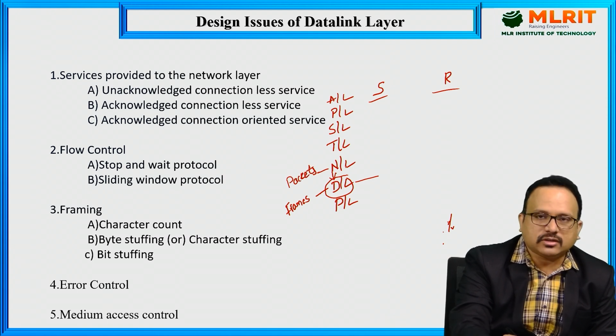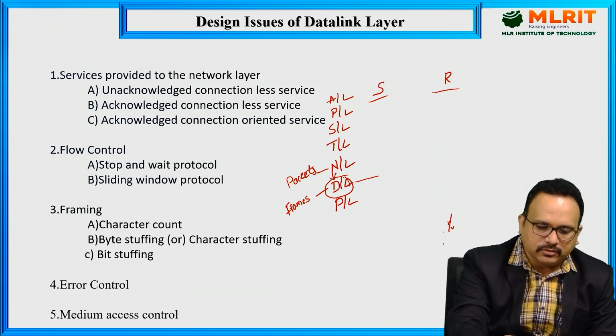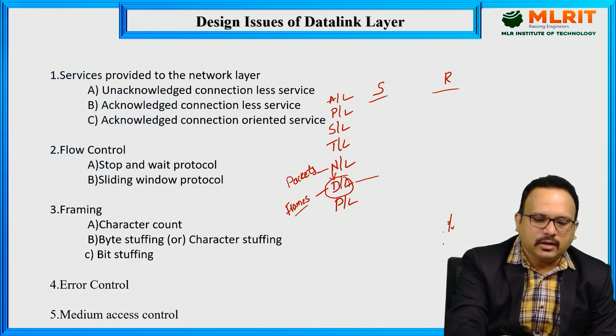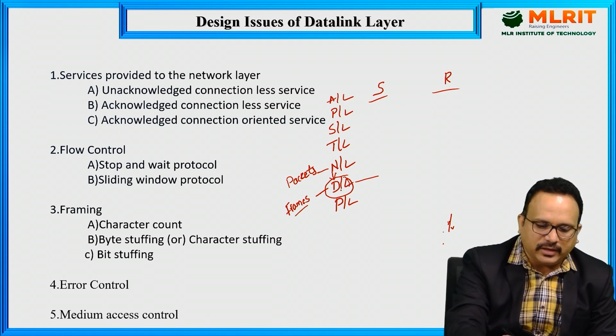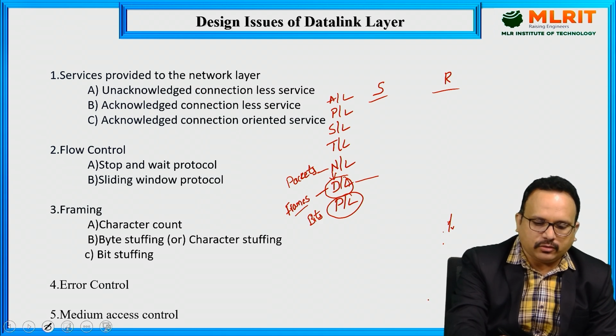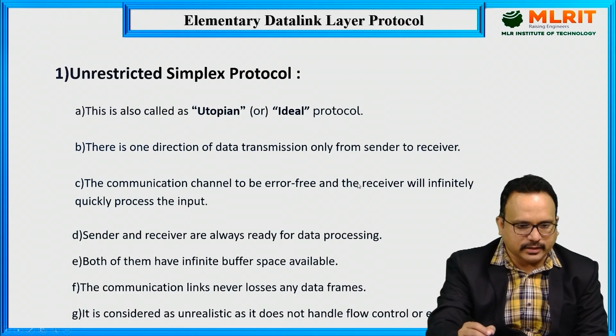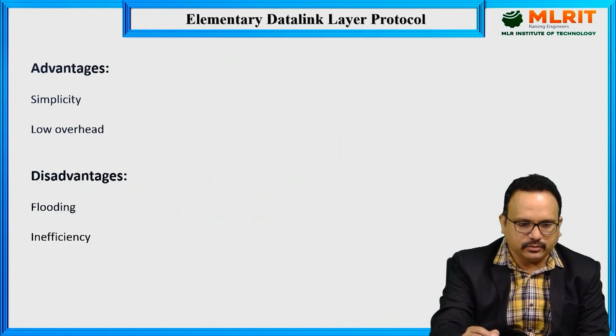The data which is coming from the network layer in the form of packets will be converted into frames in this particular data link layer. And these frames will be converted into bits in this particular physical layer. Right? So now we are going to discuss clearly about the data link layer. What is the use of this particular data link layer? Each and everything we are going to discuss.